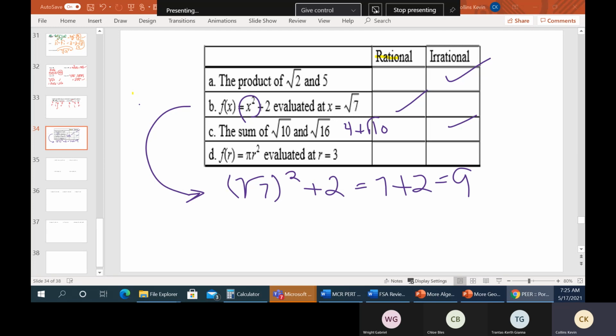All right, how about the last one? Okay, so this one, we're going to put in, excuse me, just regular 3, my bad. And then square it. So 3 times 3, that's going to be 9, and then times pi. Now, is pi rational or irrational? No, pi is irrational, actually.